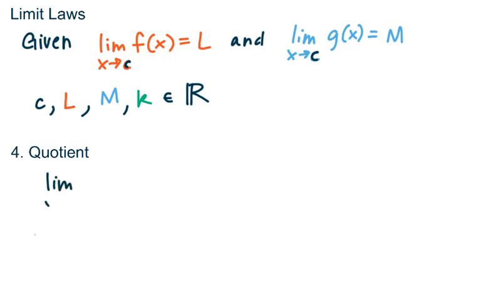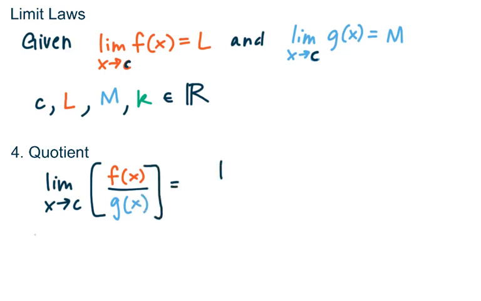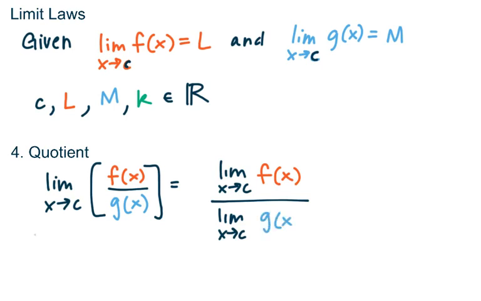So if we had the limit as x approaches c of some quotient, say f of x over g of x, well, that would be equal to the limit as x approaches c of f of x divided by the limit as x approaches c of g of x, which would be L divided by m. So the limit of the quotient is the quotient of the limits.